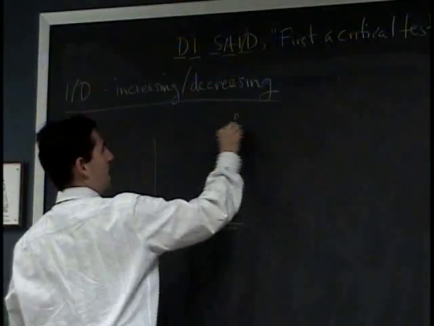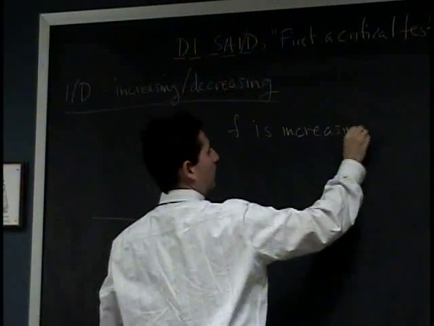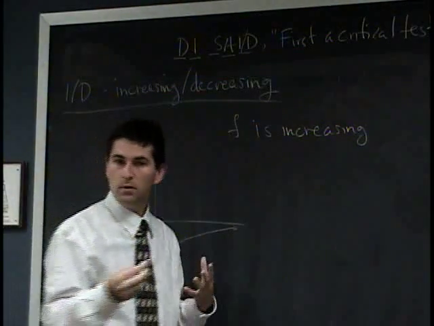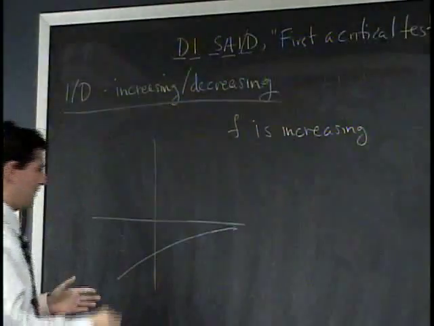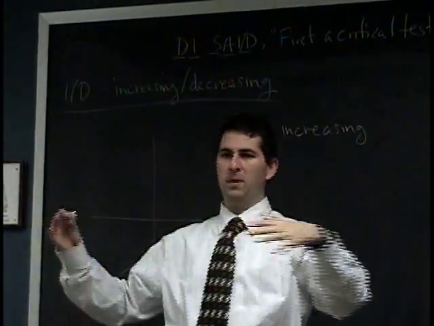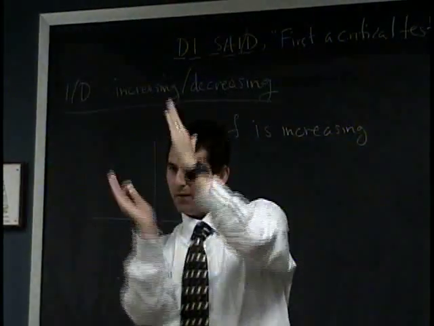So let's say f is increasing, and let's be very specific, on some interval. Because usually functions can go up and down and up and down, and when we say it's increasing, we don't mean the whole function is increasing the whole time. We just mean some neighborhood.